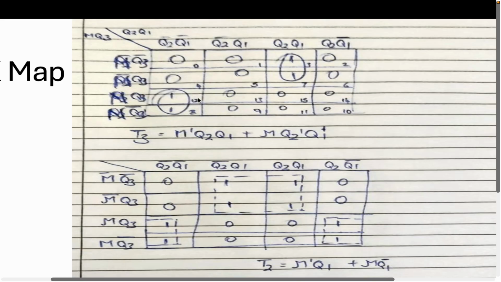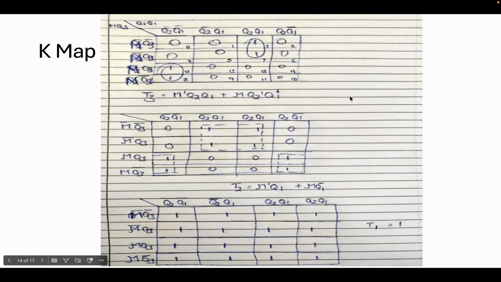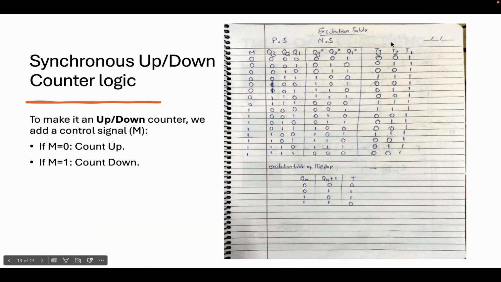Writing a K-map, you have to write the numbering like this: 0, 1, 3, 2, 4, 5, 7, 6. Then in the next rows you write 12, 13, 15, 14, and 8, 9, 11, 10. Now you can go back to your output of this T3. So 0, 1, 3, and 2.